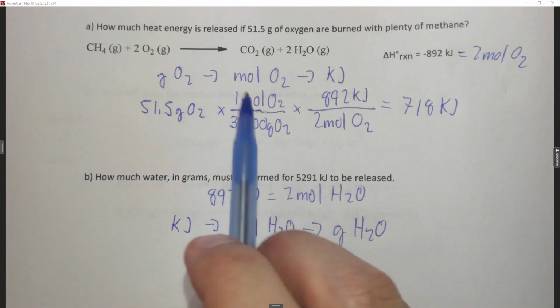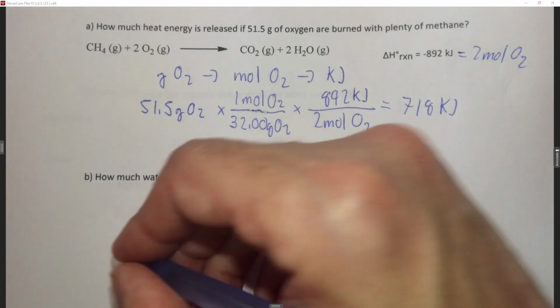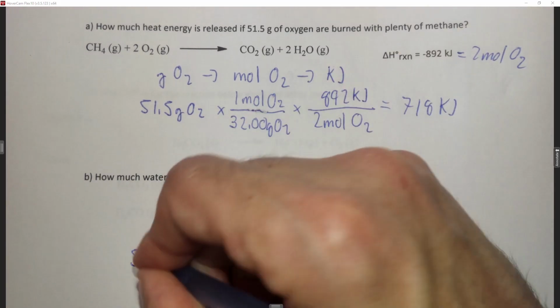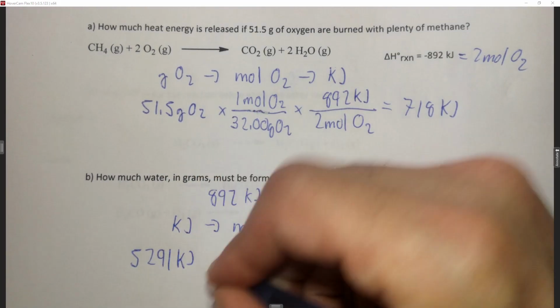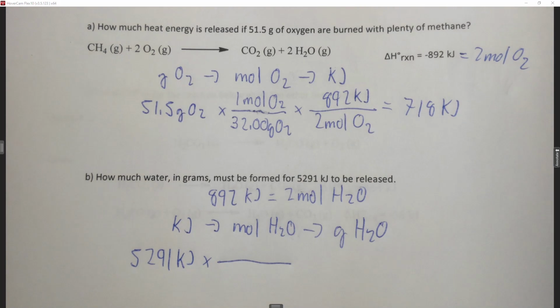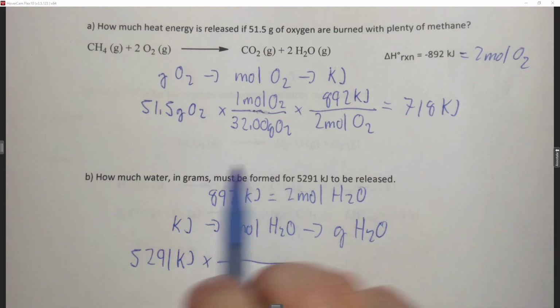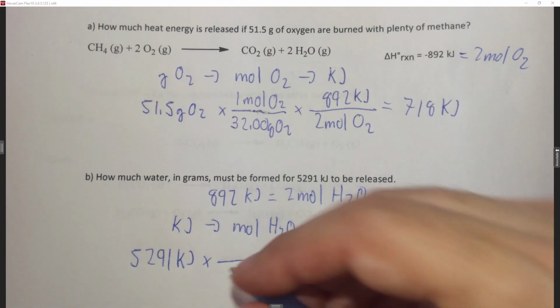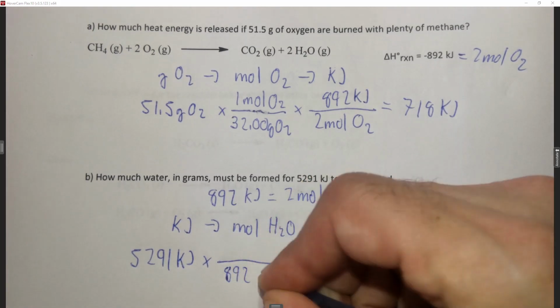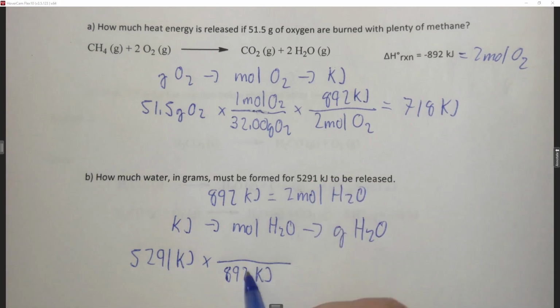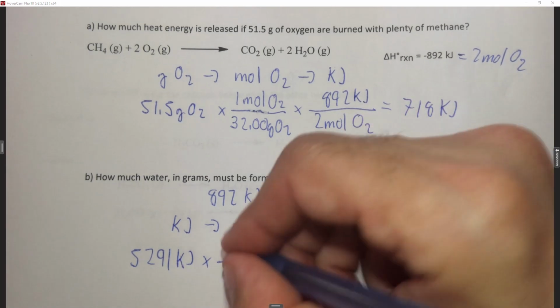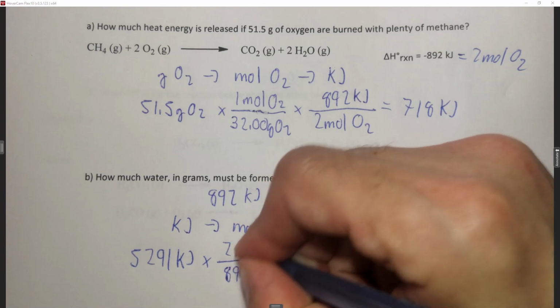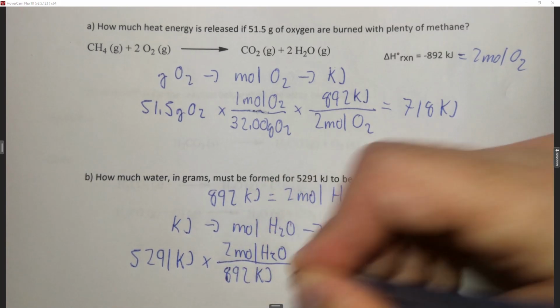If we start with kilojoules, we're given 5,291 kilojoules, times, we want to convert this to moles of water. So we use this equality. We put the 892 kilojoules on the bottom, because we want the kilojoules to cancel out, and we put the 2 moles of water on the top.